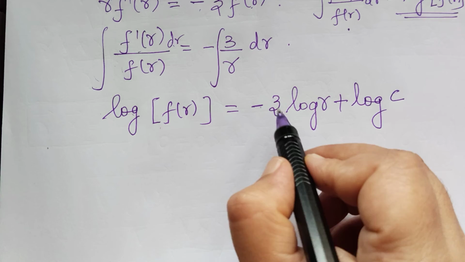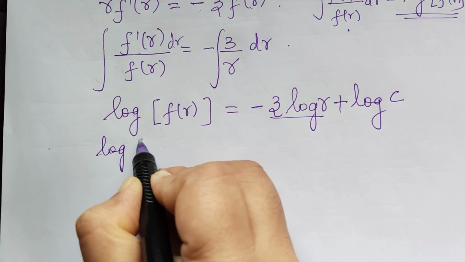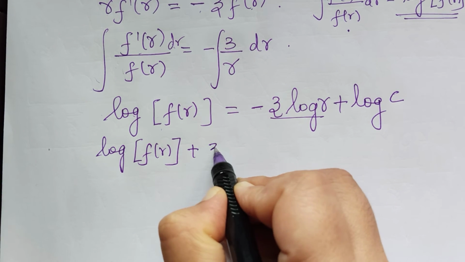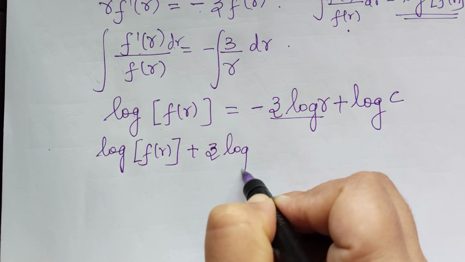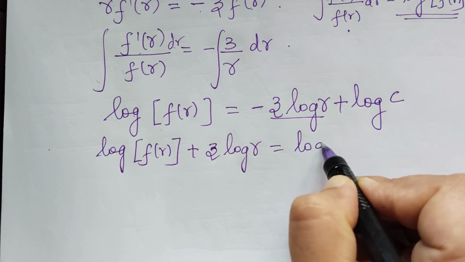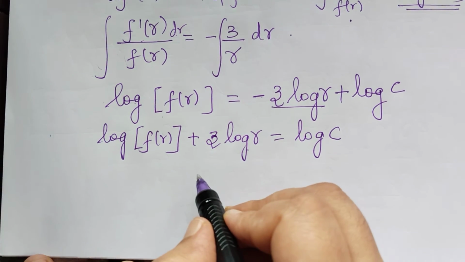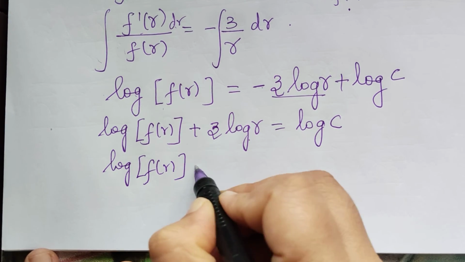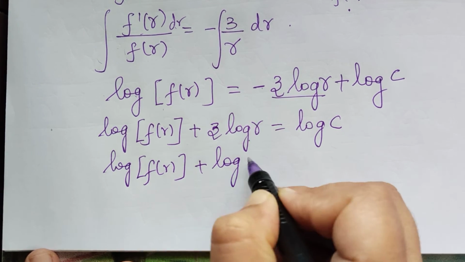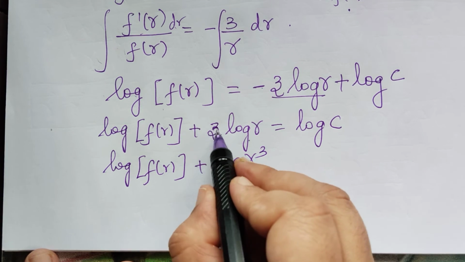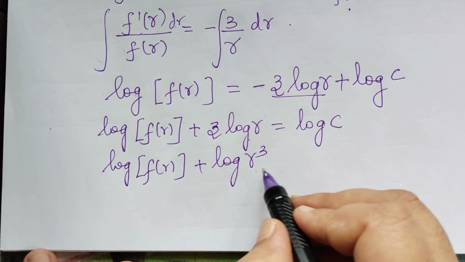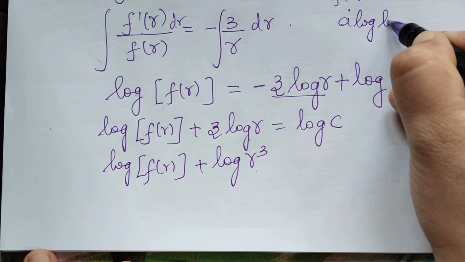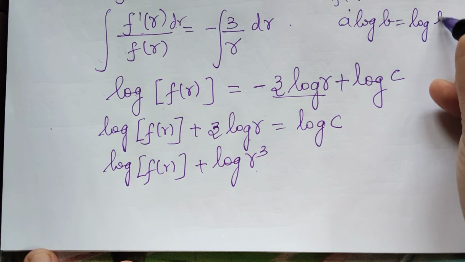Now taking this term to the left, log of f of r plus 3 log r is equal to log c. So this 3 log r can be written as log r cube, because a log b can be written as logarithm of b to the power a.